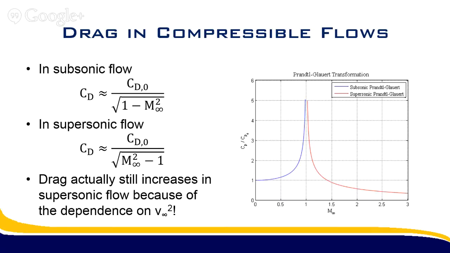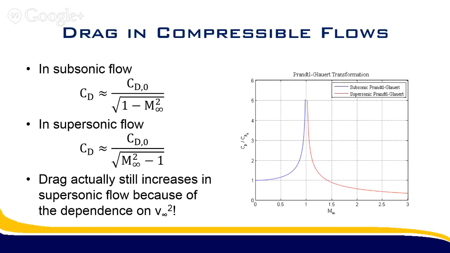At low speeds, it has enough time to get out of the way, and we consider air incompressible, even though it is slightly compressible. And there's an interesting rule called the Prandtl-Glauert rule. I think Prandtl and Glauert were both French guys, I believe. Don't quote me on that.